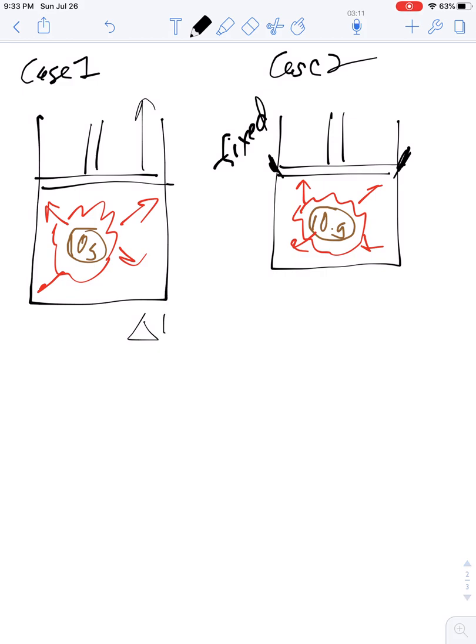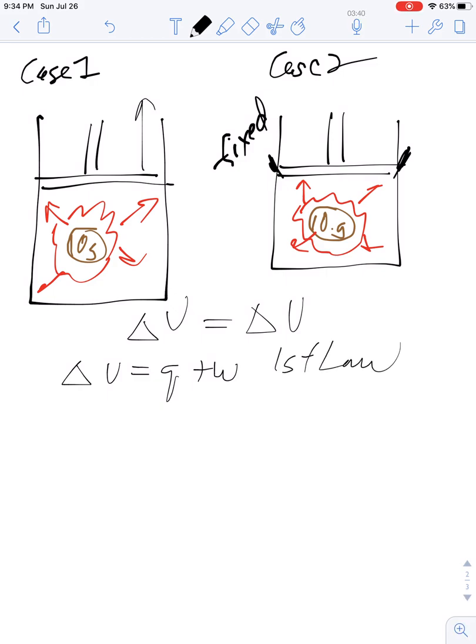Sometimes the textbook uses ΔE, sometimes the letter U. We're going to use the letter U. So the total energy change must be identical, and ΔU is equal to Q plus W. That actually is the first law of thermodynamics, that the total change in energy is equal to the heat plus the work. So remember the first law of thermodynamics.